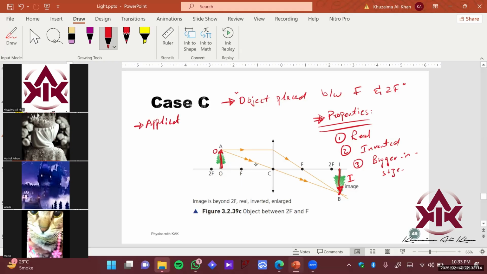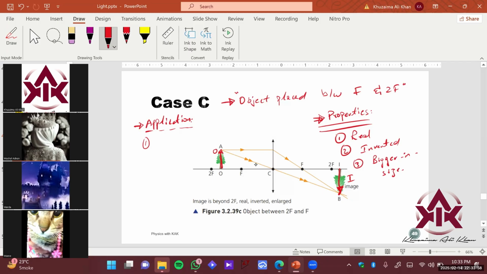Which scenario, which equipment, forms a real image that can be projected on a screen, meaning you can see it, which is bigger in size compared to the object, and which forms the image inverted? We have just done this. So its real life example is a projector.